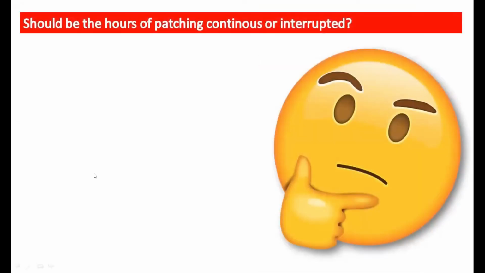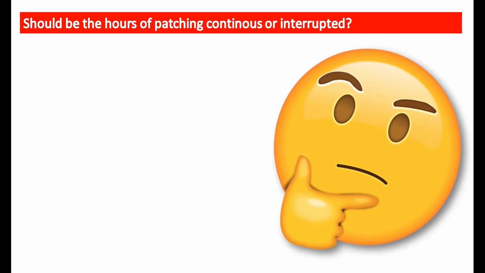So suppose you prescribed 6 hours of patching or 2 hours of patching or 4 hours of patching. Should it be continuous, or could it be interrupted, like 2 hours in the morning and 2 hours at night? Actually, there is no difference, but practically I found continuous is much easier for kids, because the adhesive nature of the patch may harm the skin if it is repeatedly removed.